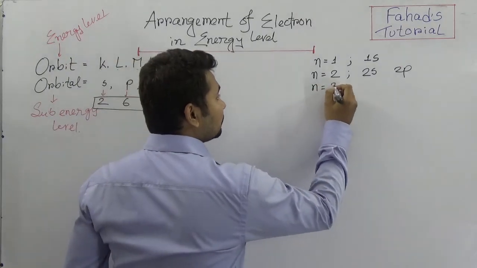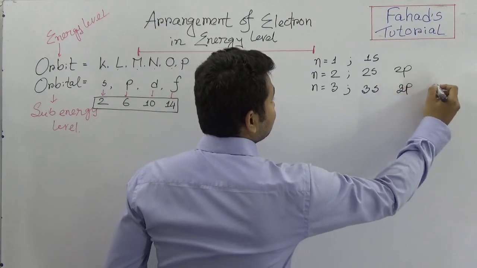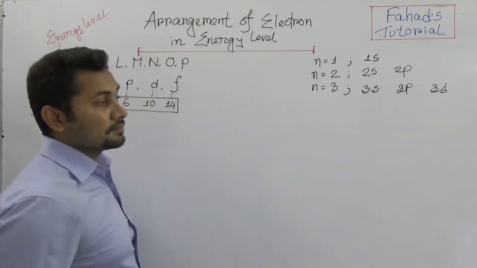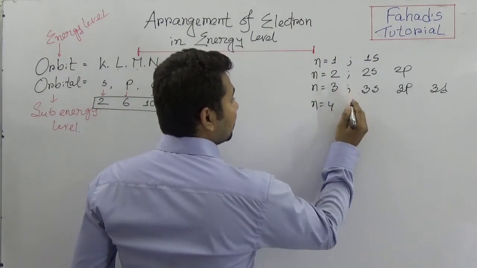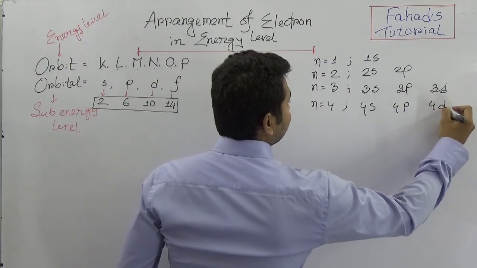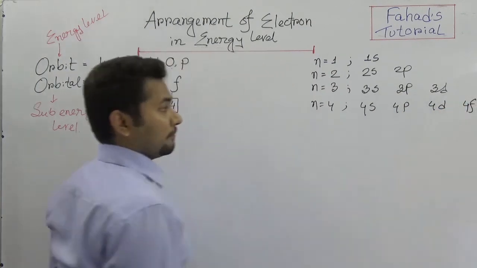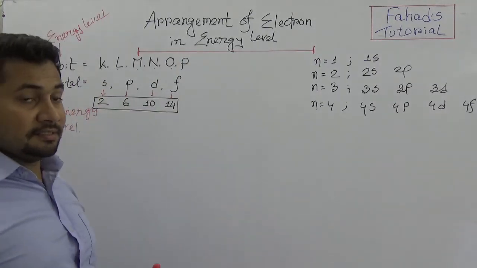Then in number 3 we must know there is 3s, 3p and 3d. Similarly, when n equals 4, it can be 4s, 4p, 4d and 4f. So it's increasing gradually and then it will decrease gradually.